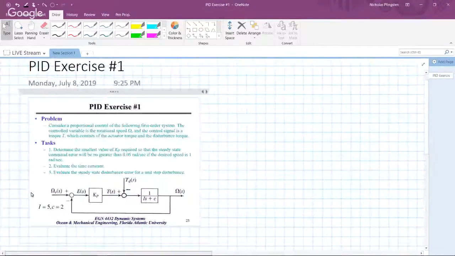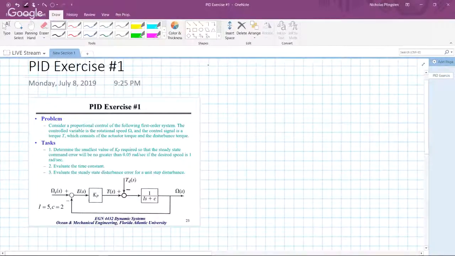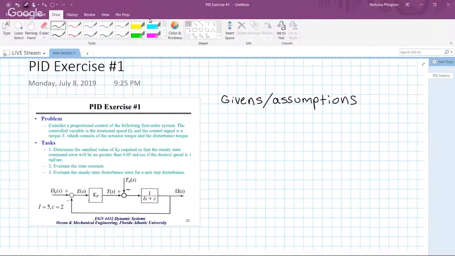Okay, so let's start off with the problem. The first thing to do is I always start any problem with givens / assumptions. I do this because whenever you're doing a science, physics, or engineering problem, the problems are going to give you stuff that you absolutely need.